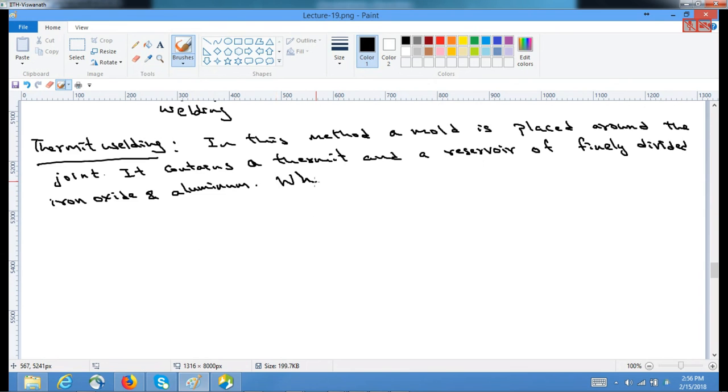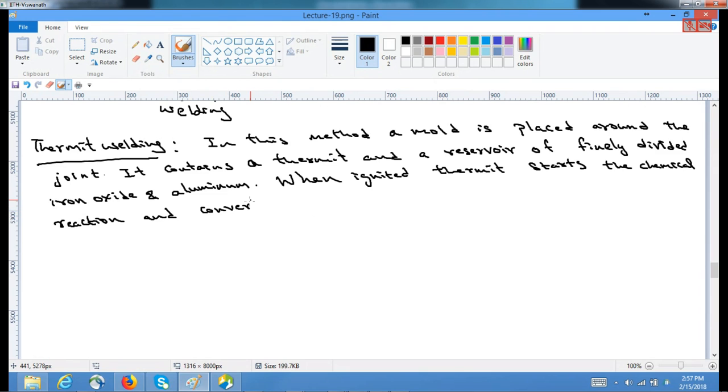When ignited, thermit starts the chemical reaction and converts the iron oxide into molten steel.